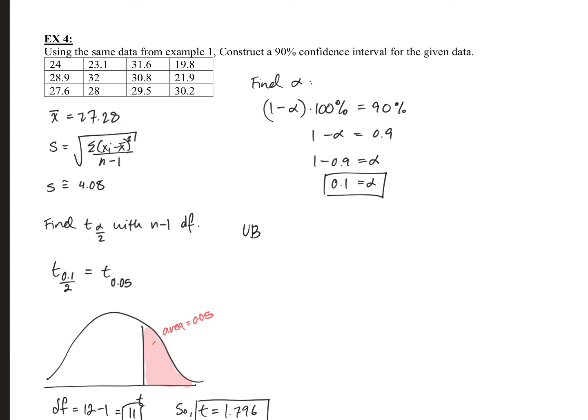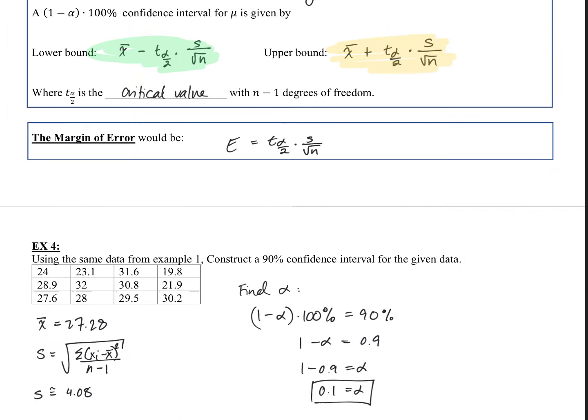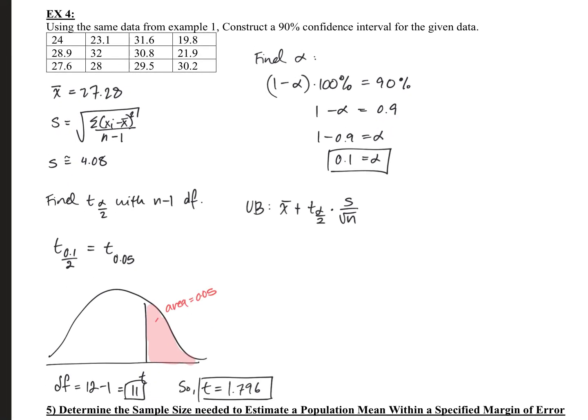So upper bound, that is going to be x bar plus our t alpha divided by 2 times s divided by the square root of n. Let me make sure I copied that down right. Awesome. And then our lower bound is going to equal x bar minus our t value, alpha divided by 2, times s divided by the square root of n.